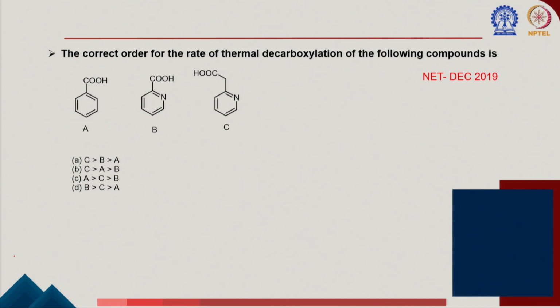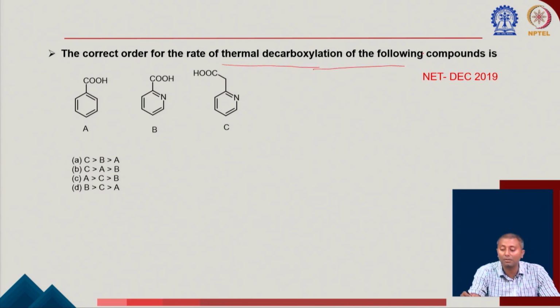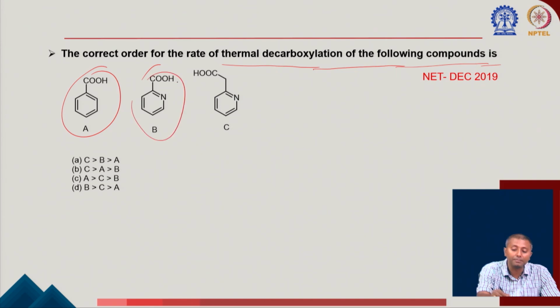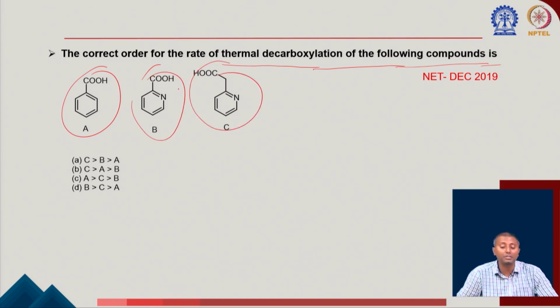So the first question came in the NET exam. You can see the question is saying, give the correct order for the rate of thermal decarboxylation of the following compounds. This is A, B and C, and now they are asking about the thermal decarboxylation reaction. So that means you will have the corresponding carboxylic acid, and the CO2 is going to get out.